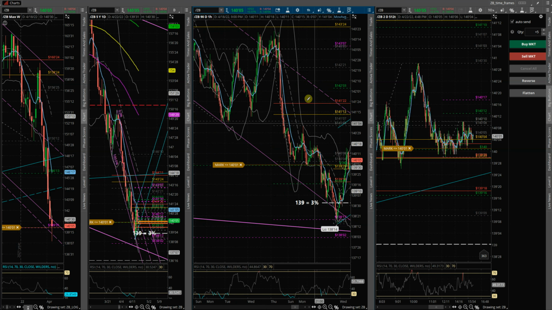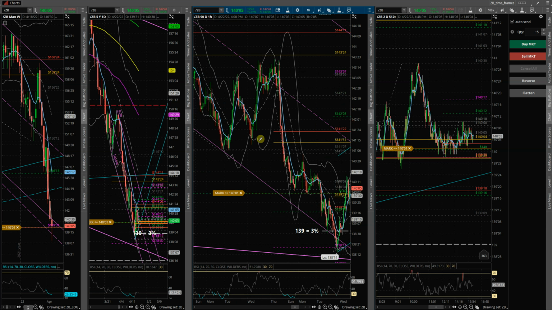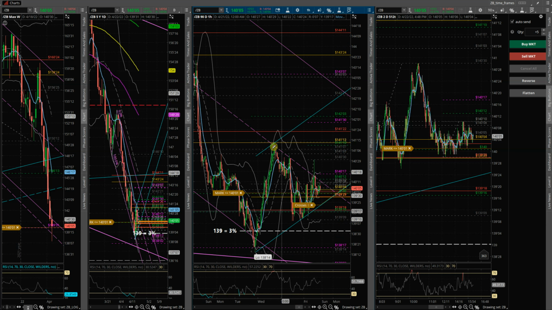And it's interesting, this purple channel is the wave 3 channel, and the center line has been acting as resistance. This wave 4 of 3, it could only manage one New York hourly close on the other side, and then that has acted as resistance here on Wednesday and then again on Friday, right?